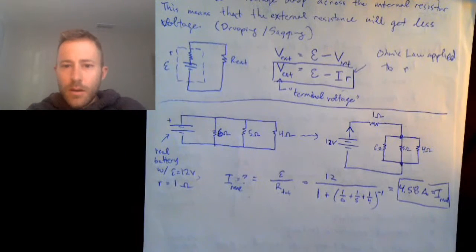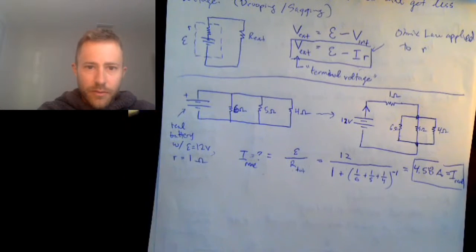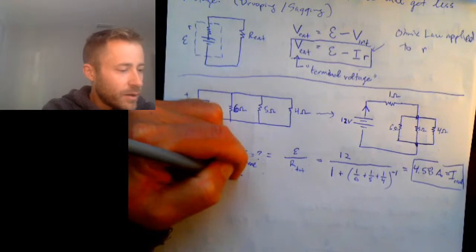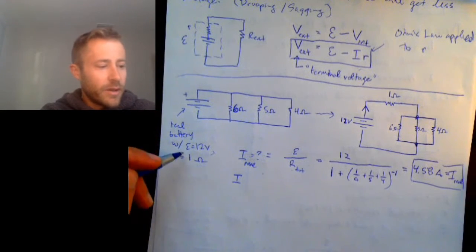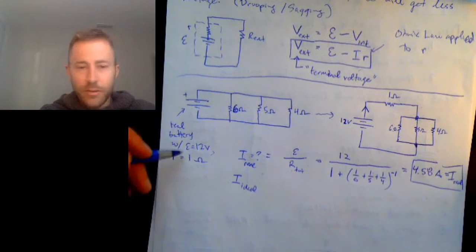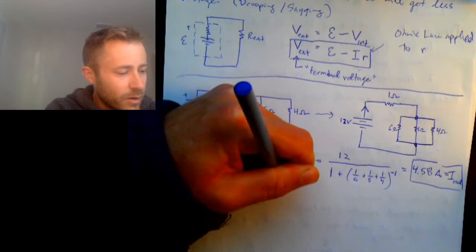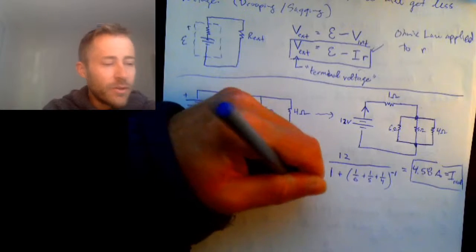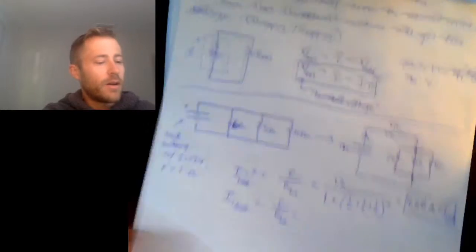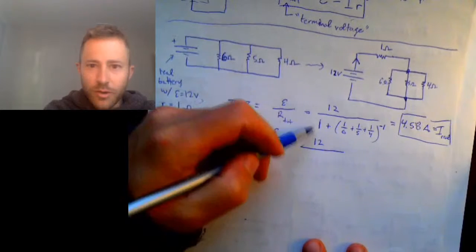Now, what if I neglected the internal resistance in this case? What if I assumed that this was simply an ideal battery with 12 volts? Well, in this case, my current would be E over R total, but now I'm neglecting the internal resistance. So now I have 12 over, and I don't have this plus 1.